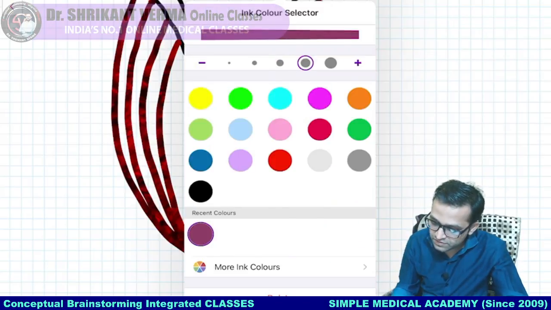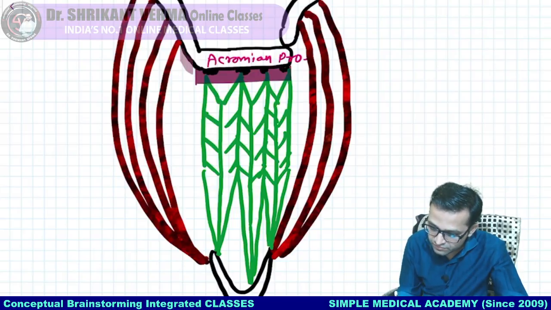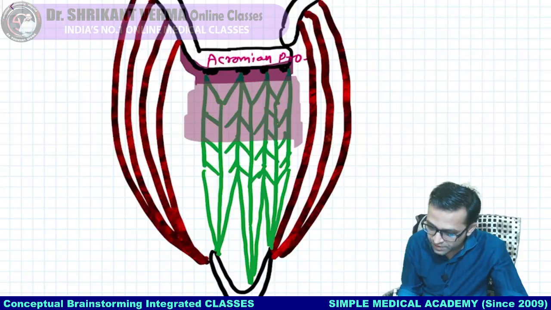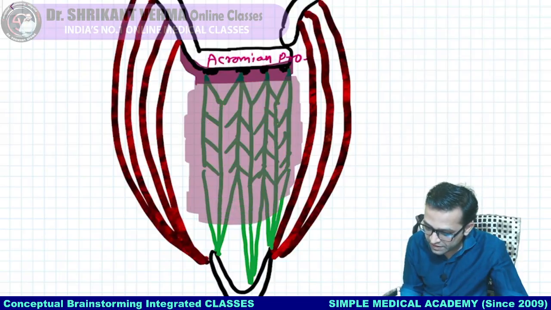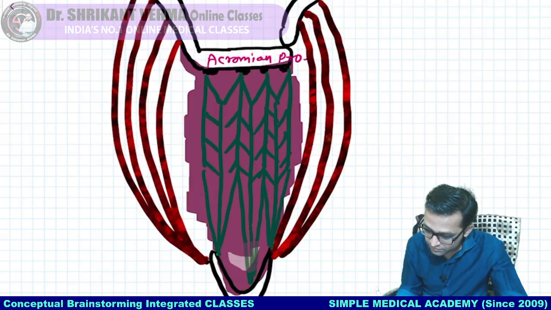Fine sir, so can you see this whole part? That is our middle fiber which is multipennate, and that green color structure is showing the intermuscular septa.